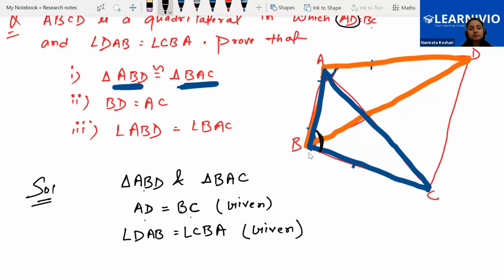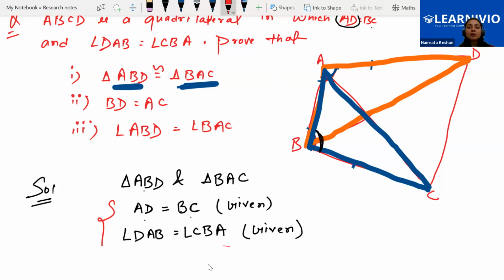What is the third? The angle DAB is equal to CBA. Two things we have listed over here. What is the third, like side or angle, that can be written as the same? What is common in these 2 triangles?